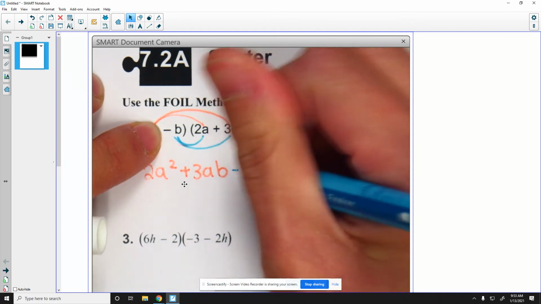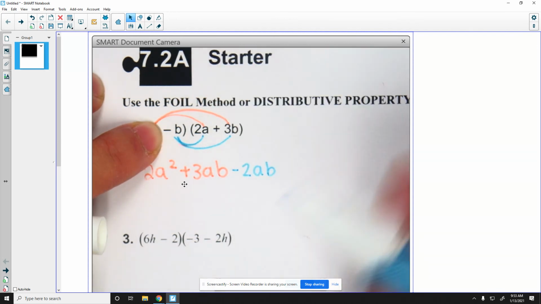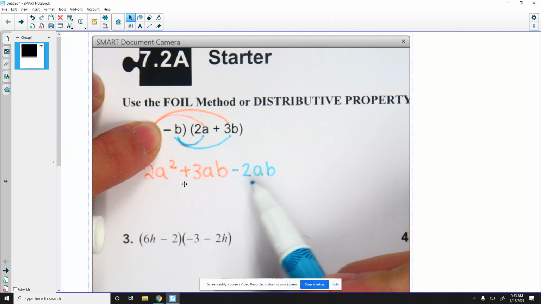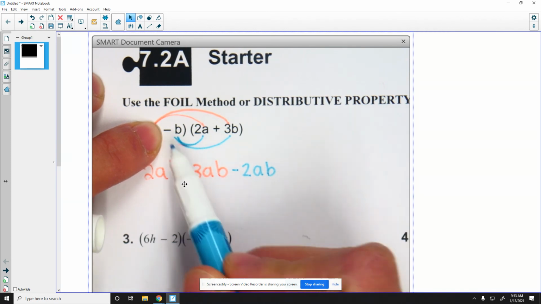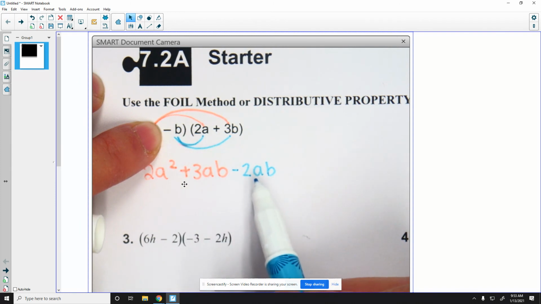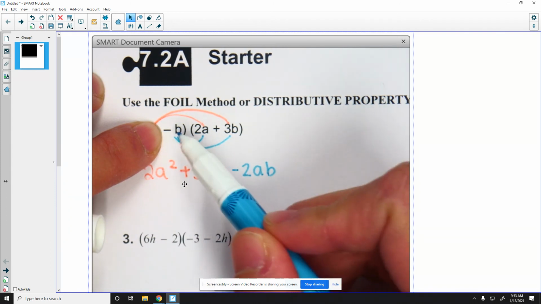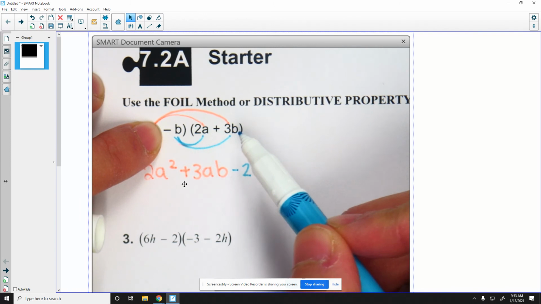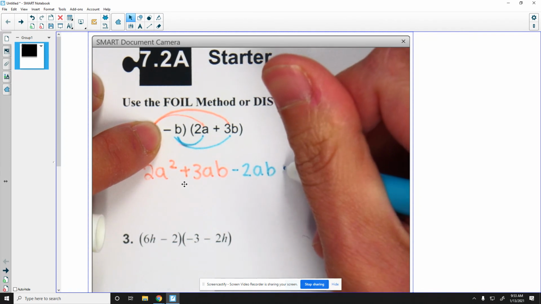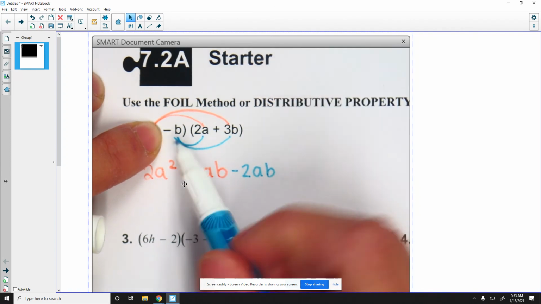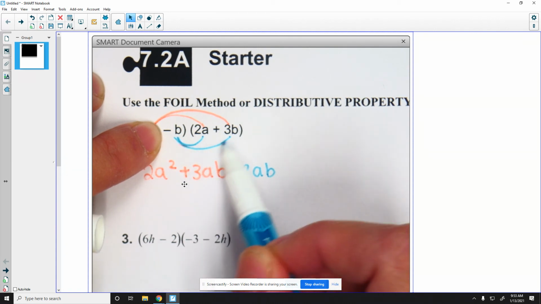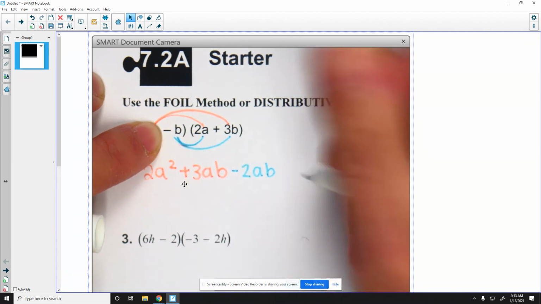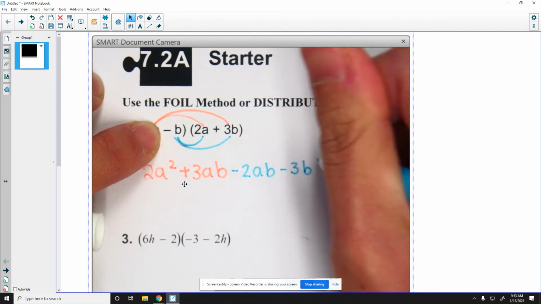And remember, we always write the letters in alphabetical order, so it's not negative 2BA, it's negative 2 and then A and then B. It's a minus because negative times a positive is a negative. And then finally, negative B times positive 3B is negative 3B squared, because now there's 2B's.